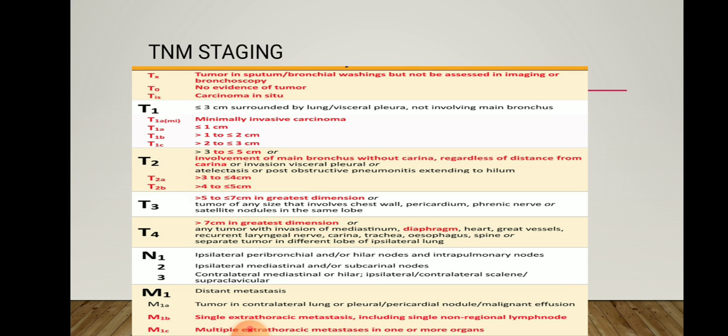In T3, the tumor size is between 5 to 7 cm. In T4, the tumor size is greater than 7 cm in greatest dimension or any tumor with invasion of mediastinum, diaphragm, heart, great vessels, recurrent laryngeal nerve, trachea, esophagus, spine, or separate tumor in different lobe of ipsilateral lung.